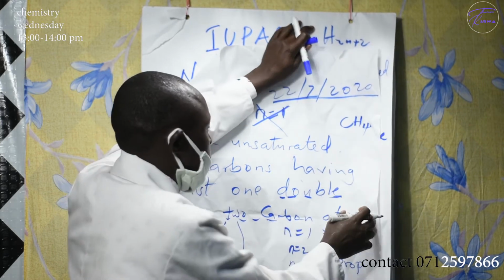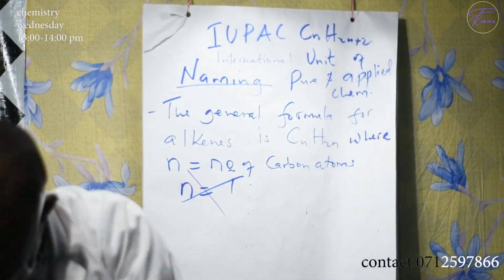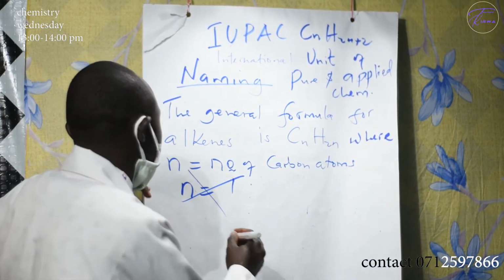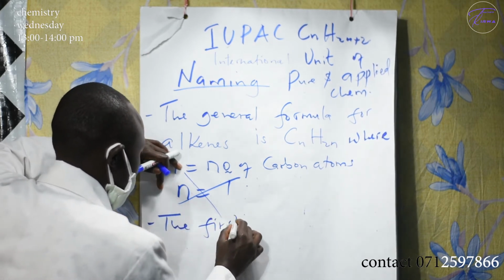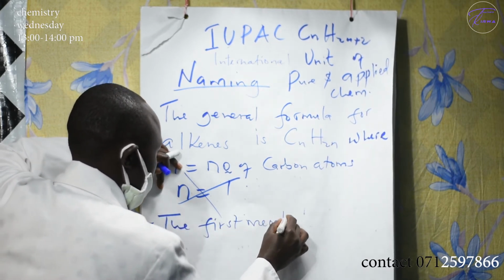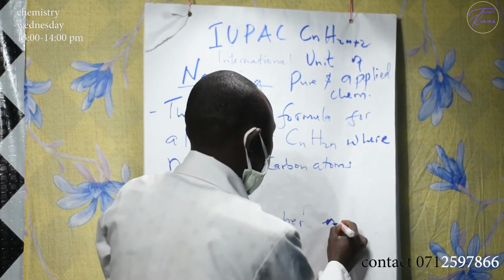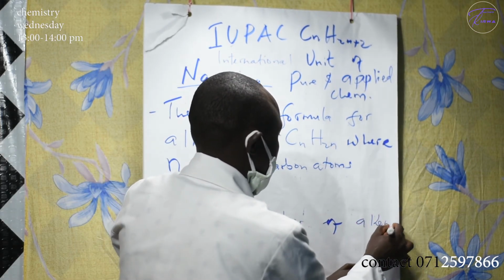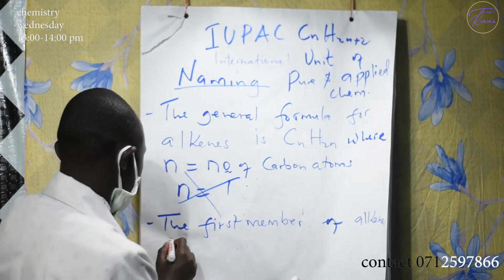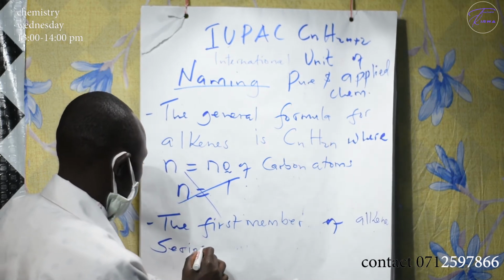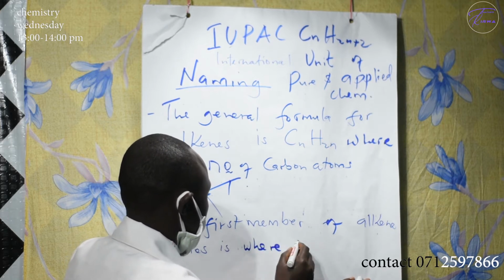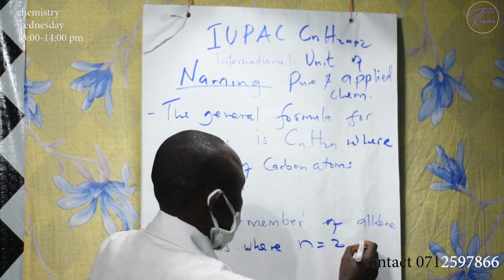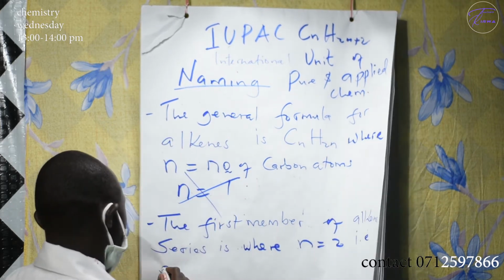Okay? This was the first member. Now here, the first member of the alkene series is where n is equal to 2. That is ethene.